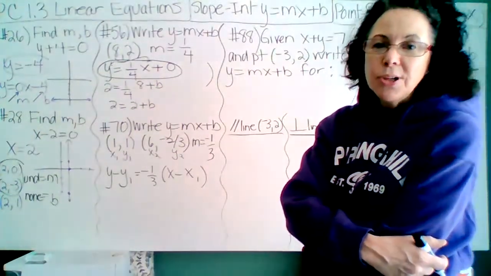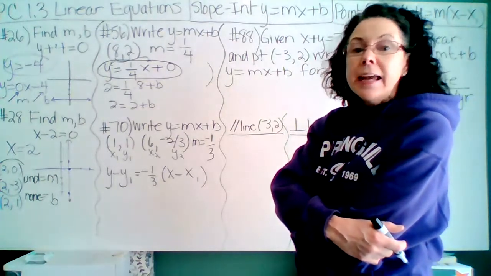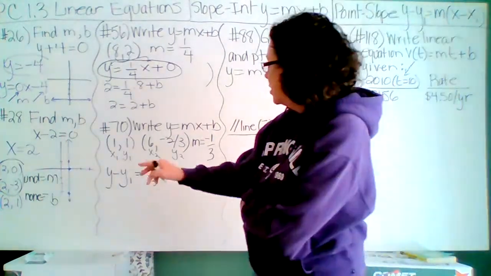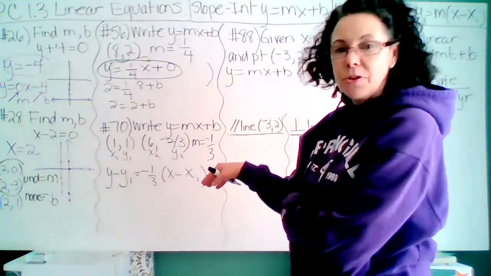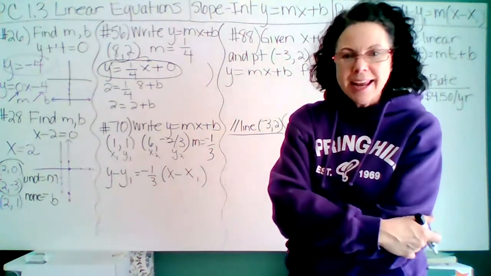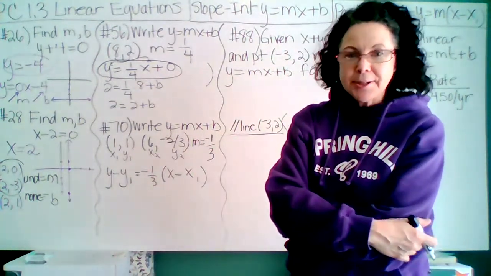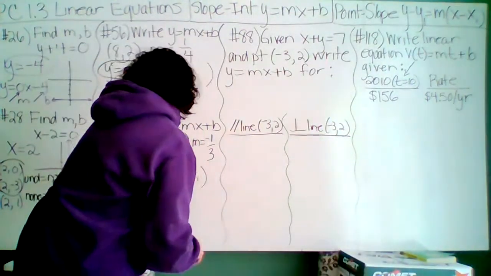Obviously, I'm going to use the (1, 1), right? I don't want to deal with that 6 and negative 2/3. It doesn't matter. Half the class could put in (1, 1). Half the class could put in (6, negative 2/3). And when they write it in slope-intercept form, they're going to have the same equation. Pretty cool, huh? Okay, so I'm going to use (1, 1).